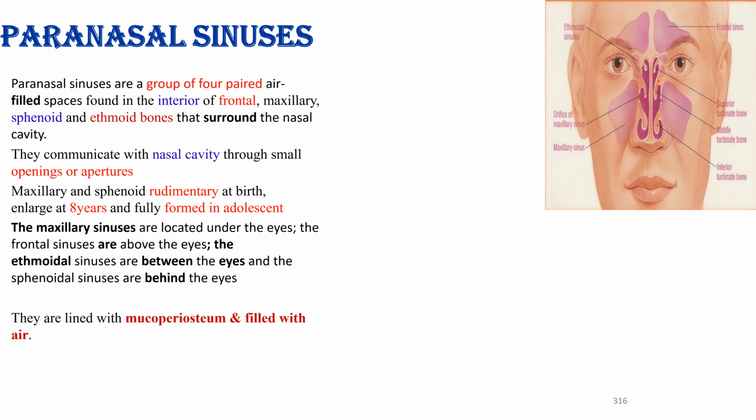One characteristic of the sphenoid sinus is that it sits underneath the pituitary gland. So if there is any pituitary gland problem, surgeons go through the nose to the sphenoid by microscopic or endoscopic surgery to reach the pituitary gland.